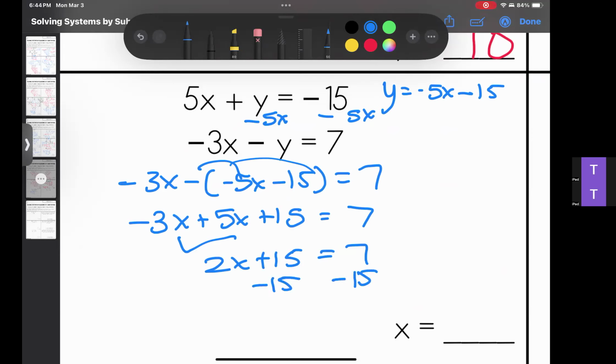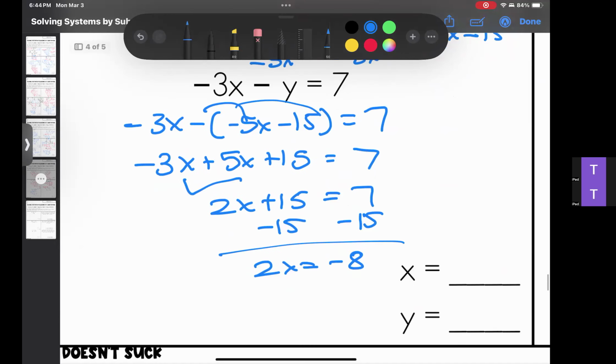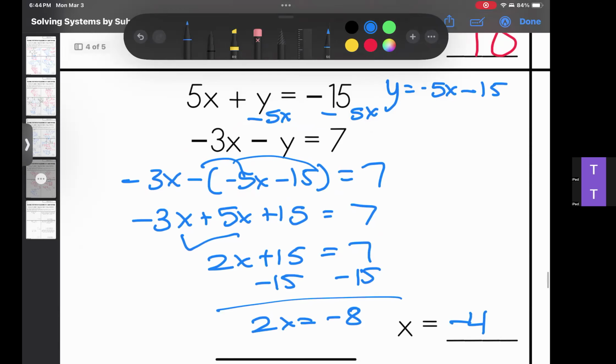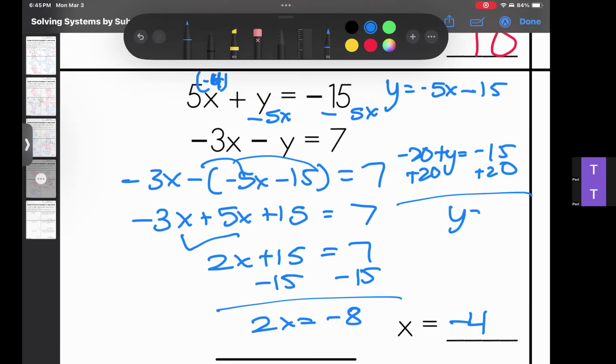Minus 15 from both sides. It's going to be 2x is equal to negative 8. X is equal to negative 4. And then we're going to go back and say, that's a negative 4. 5 times negative 4 is negative 20 plus y is equal to negative 15. Y is equal to 5.